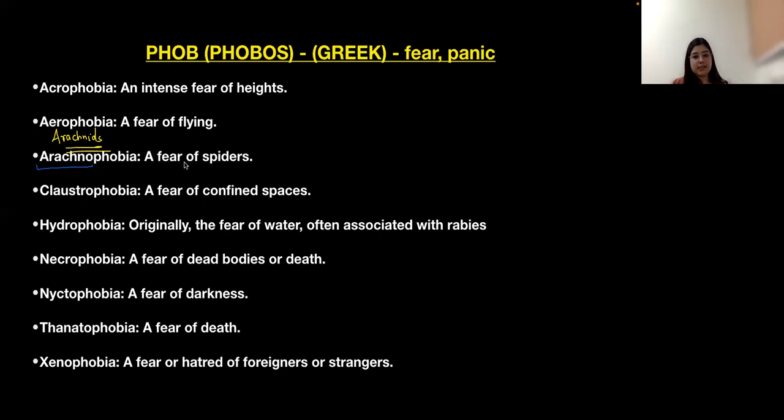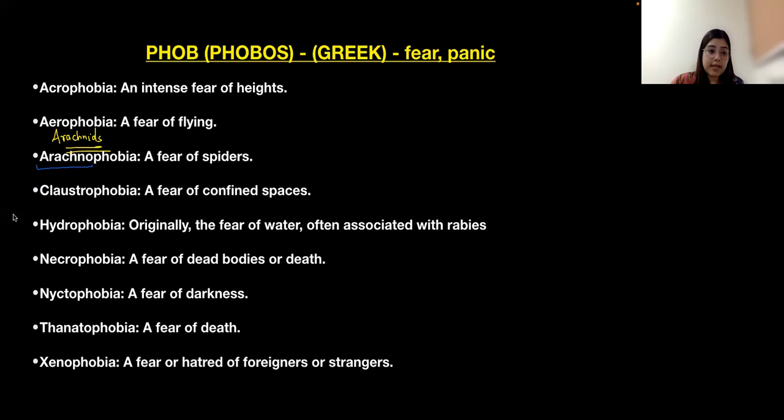Claustrophobia, fear of confined spaces. Hydrophobia, originally it was associated with rabies, because people who suffer from rabies have this repulsion towards water. They have this fear of water. Necrophobia, fear of death. Nyctophobia, fear of darkness. Thanatophobia, fear of death.